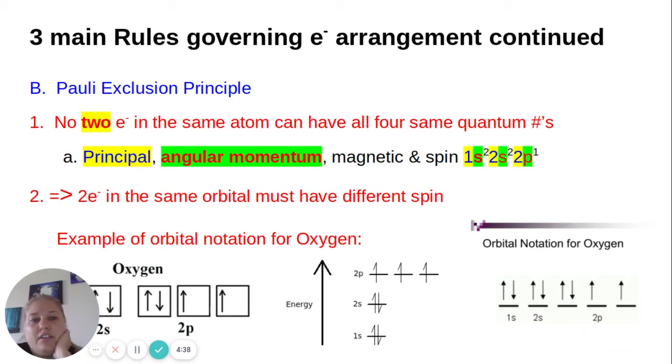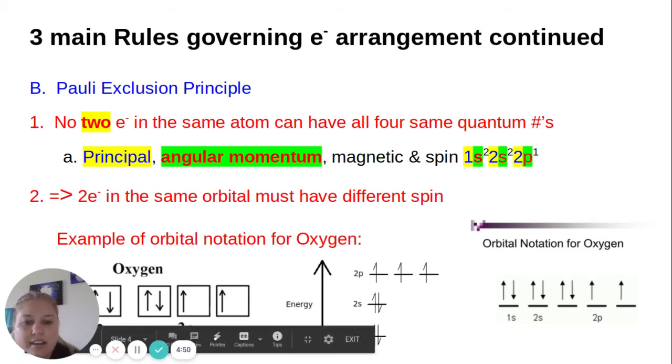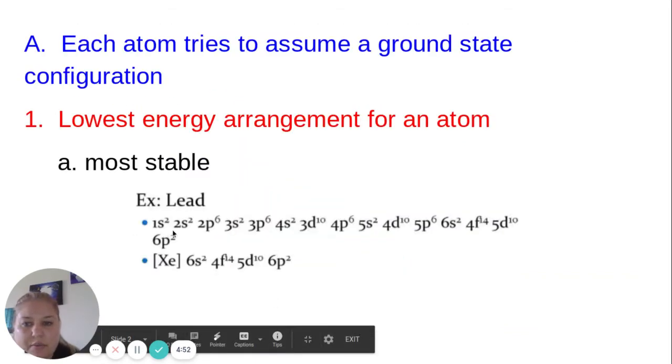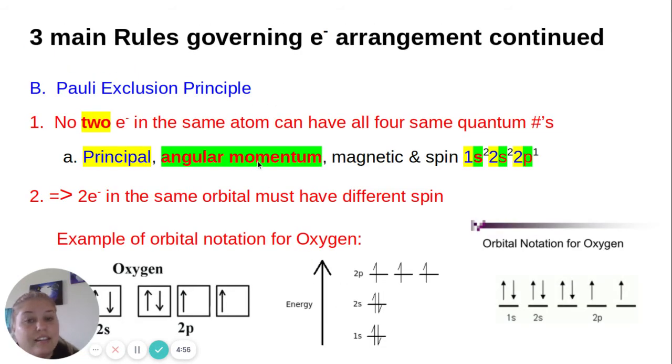Pauli exclusion says that no 2 electrons can have the same 4 quantum numbers. Quantum numbers you'll learn about a little bit later, but there are 4. There's the principal quantum number, which is represented by the energy level, so the 1, 2, 3. The angular momentum is the letter: is it in an s orbital, a p orbital, a d orbital, or an f orbital?